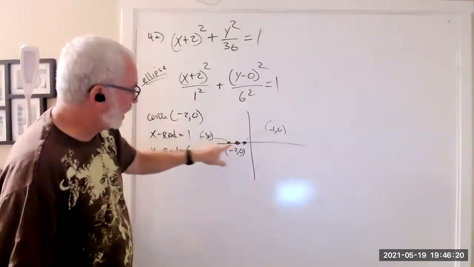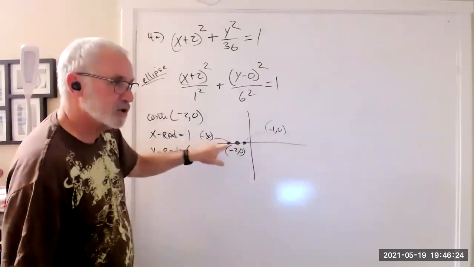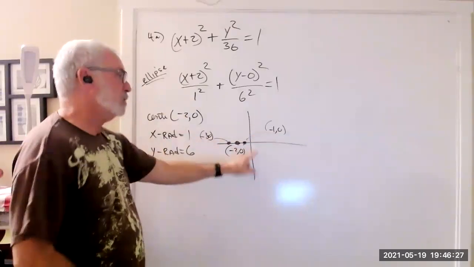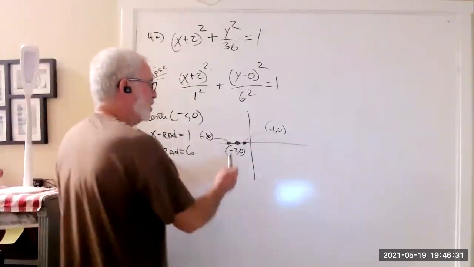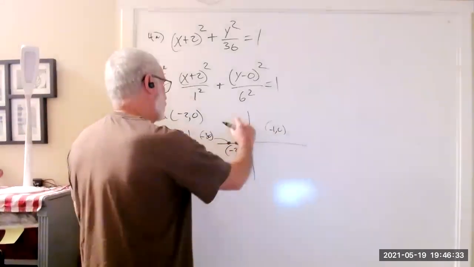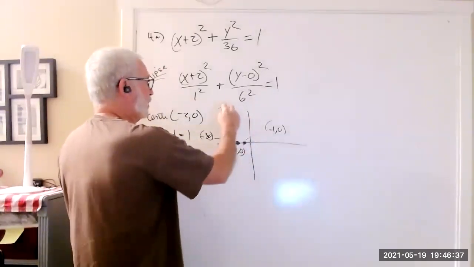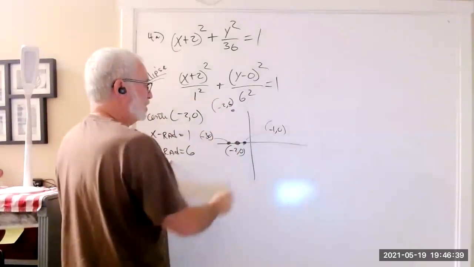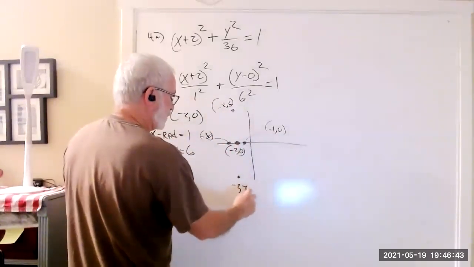But then how did I use that x radius as 1? It's always measured from the center. So I went to the right one, to the left one. Now my y radius is 6. So if this is 1, it should be like up here. So this is the point -2, 6. And this is the point -2, -6.